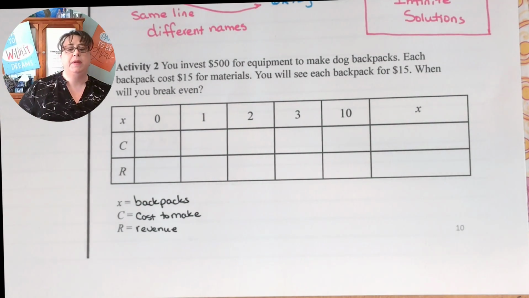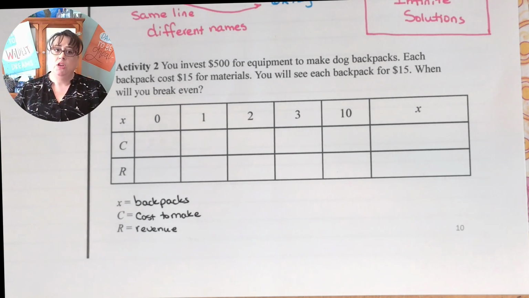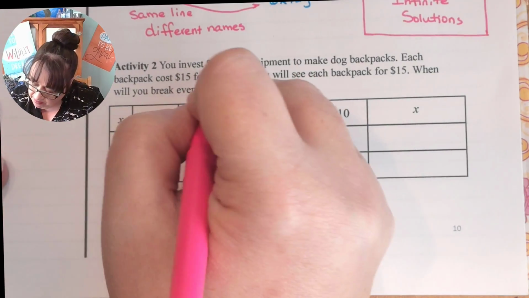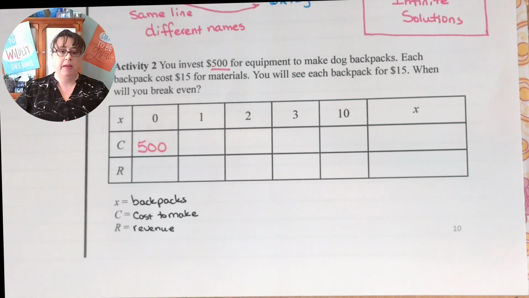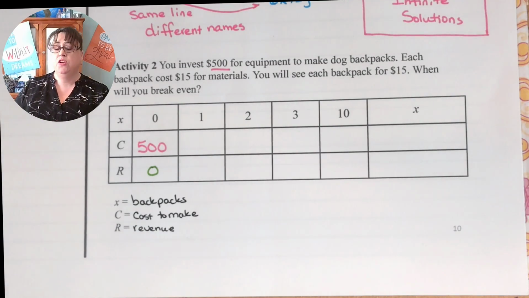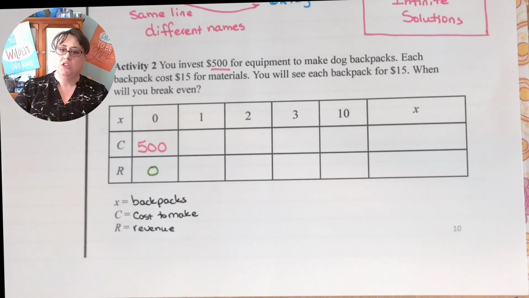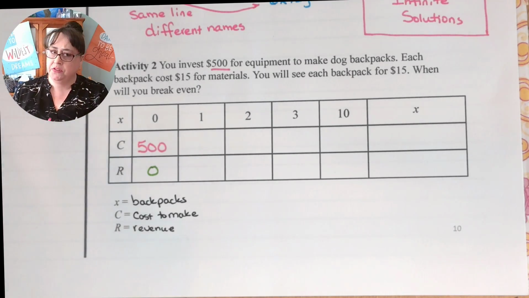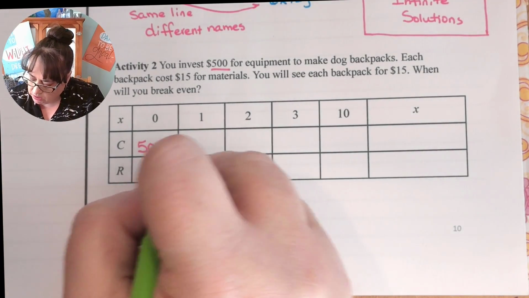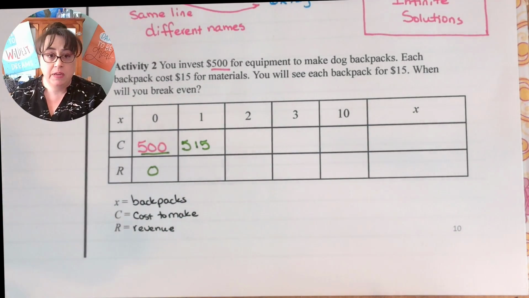So before you make any backpack at all, you have to spend $500 just to get ready to go. And you have not made a single dime. But when you sell your first backpack, you have to spend another $15 just to put $15 of material into there. So you have to spend your $500 plus 15 more, but you do get to make some money.